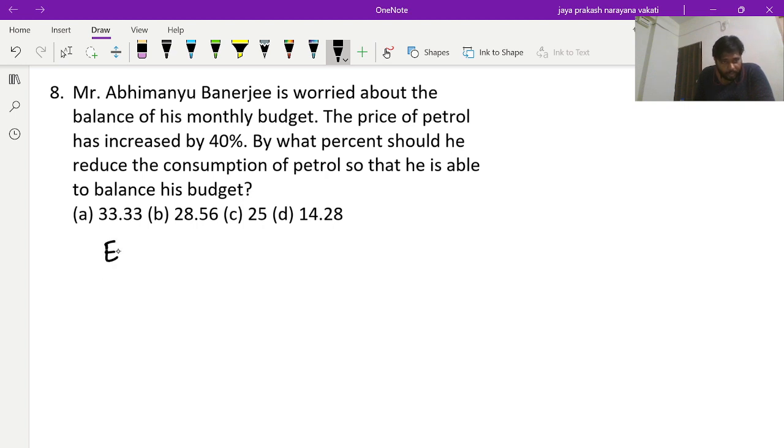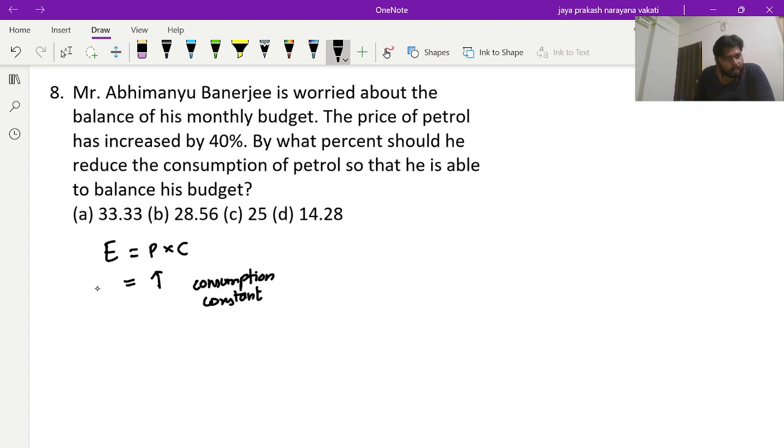We know expenditure equals price into consumption. Keeping consumption constant, that means, compared with the previous month, petrol price has been raised, and this month also you are buying the same amount of petrol.